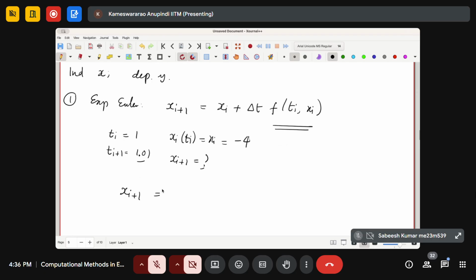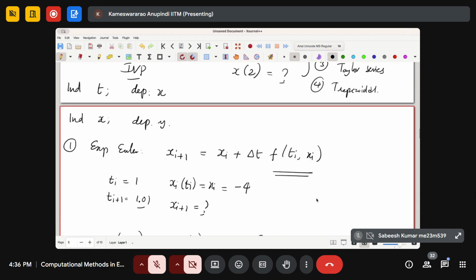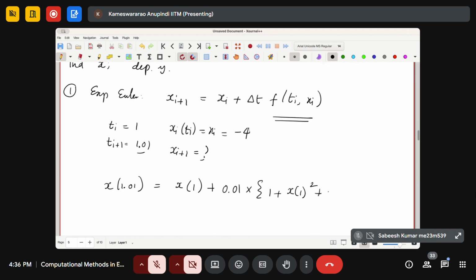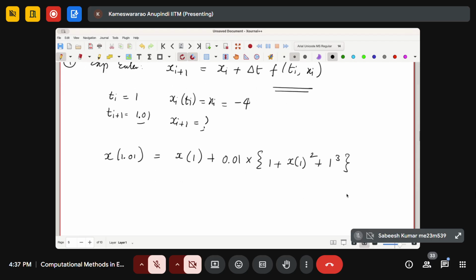That is the value of the dependent variable, x of 1. I want to calculate x at 1.01, that is t plus delta t. x of 1 plus delta t, which is 0.01, times f of t_i, x_i, which is 1 plus x_i squared plus t cubed. Here t_i is basically 1 cubed, that is the initial condition.